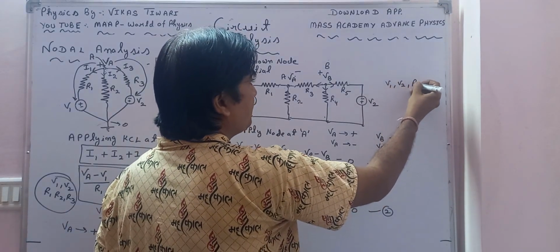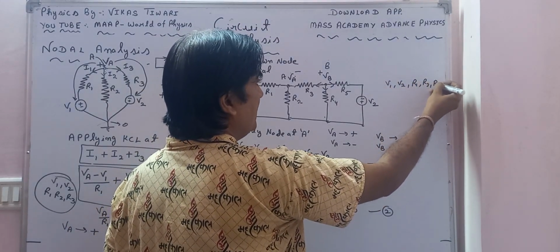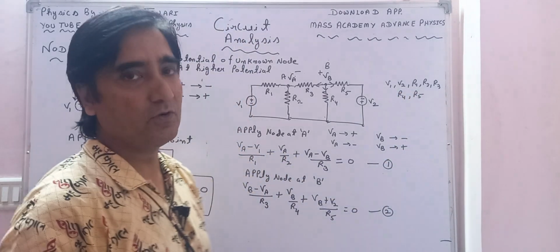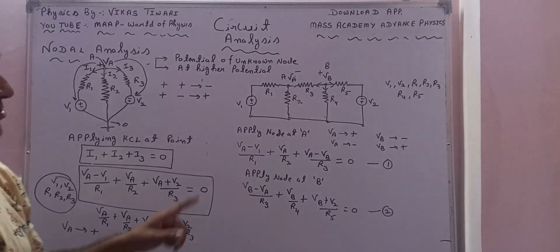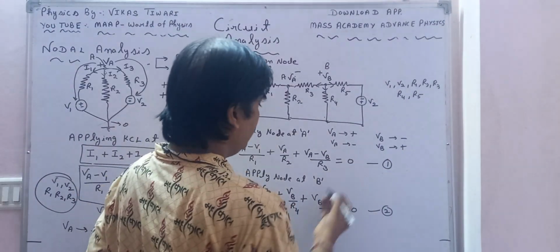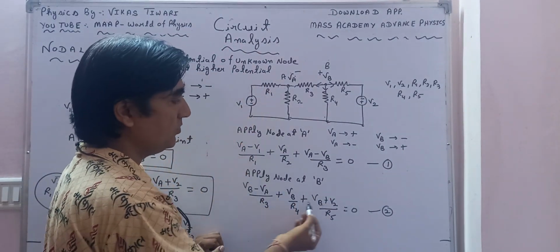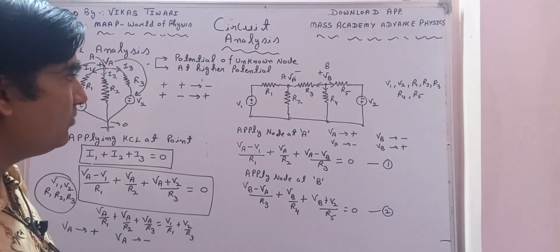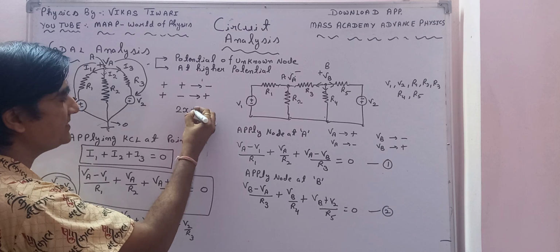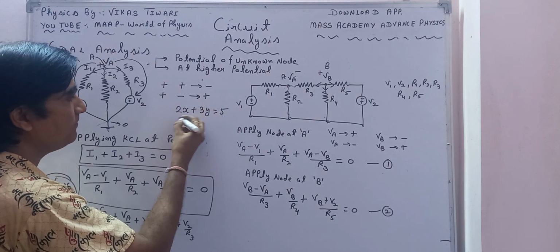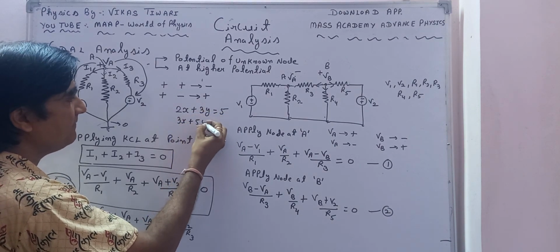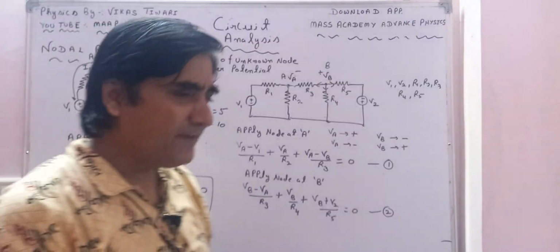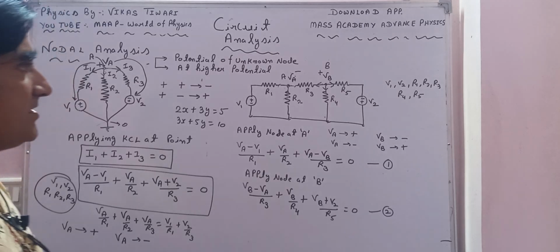So there are two unknowns and two equations. For solving two unknowns we require two equations, like the two simultaneous equations that we solved previously, 3x plus 5y is equal to 10. We can solve these simultaneous equations easily.